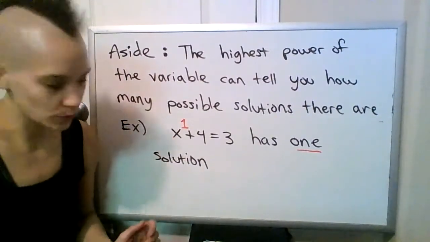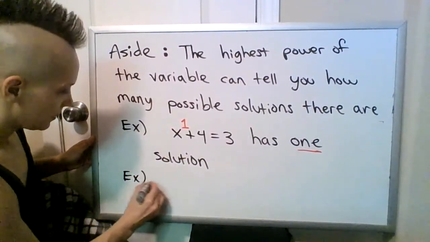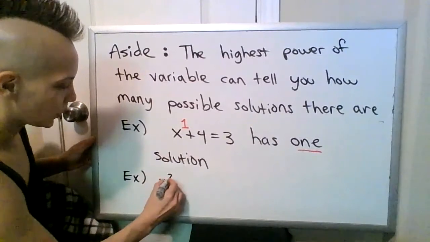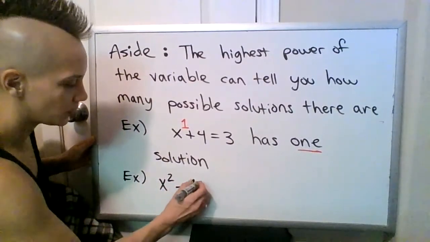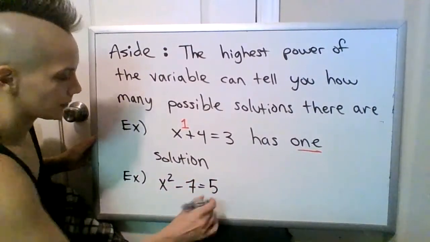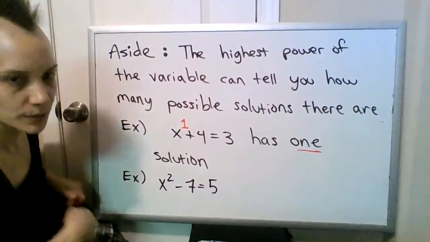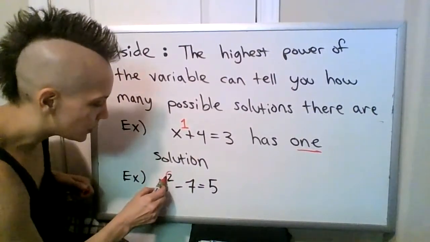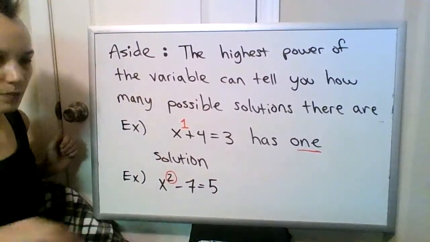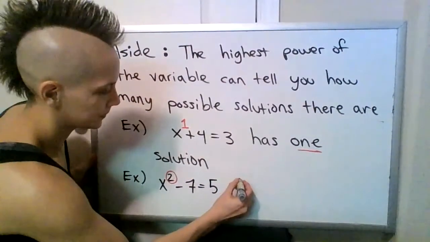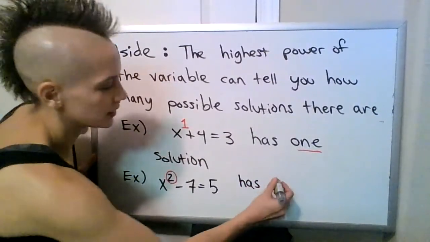In a few weeks, we will get to equations like this. You have x squared minus 7 equal to 5. You look at the highest power of your variable, which this time is 2. And so you could have 2 solutions. Two possible solutions.